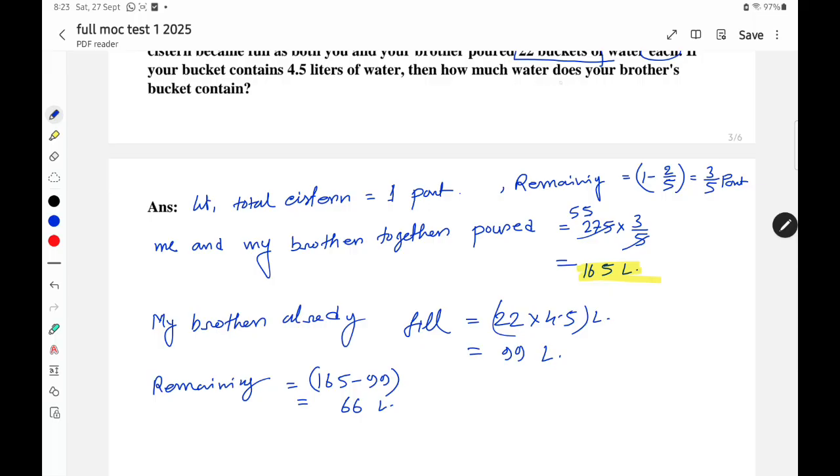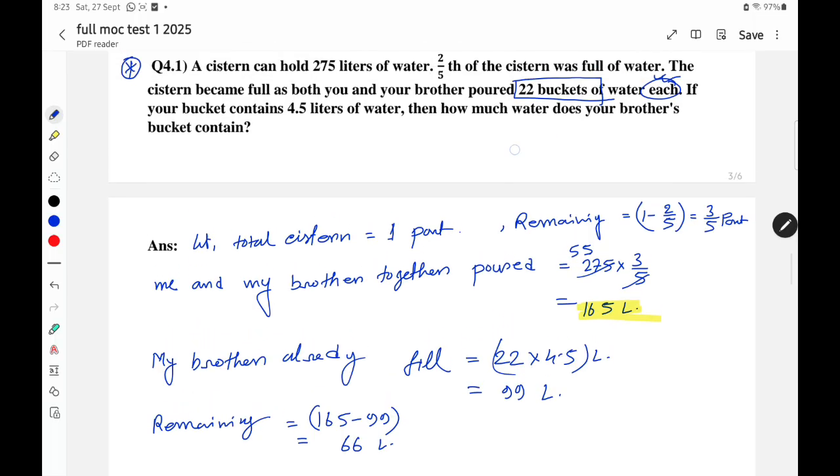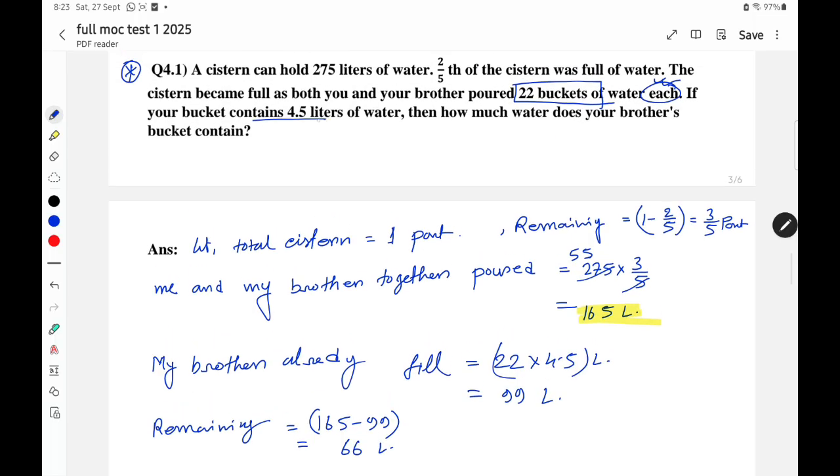So how much water does your brother's bucket contain? Sorry, এটা হচ্ছে me. By me, already filled 99 liter, remaining 66 liter.